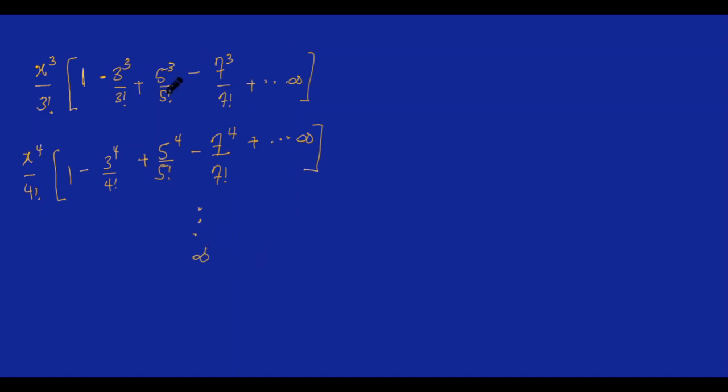Now we can see that only the powers on the outside polynomial and the powers of the constants inside the parentheses are increasing. There's a constant of 1 minus 3 plus 5 minus 7. So we can see a pattern there, and thus we can write them in terms of summation instead of writing all the way till infinity.